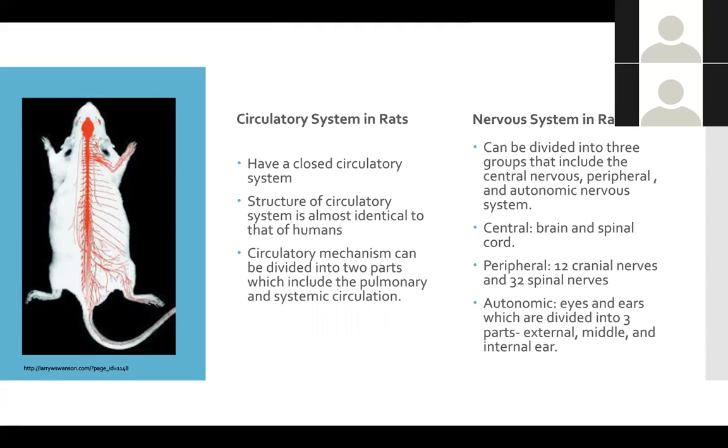The peripheral system includes 12 cranial nerves and 32 spinal nerves. And lastly, the autonomic system includes the taste buds, the eyes, and the ears. The ears can be divided into three parts: the internal, the middle, and the external section of the ear.